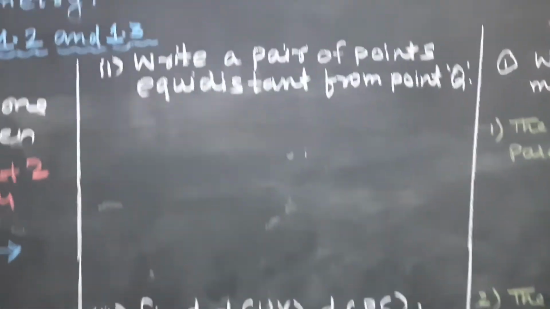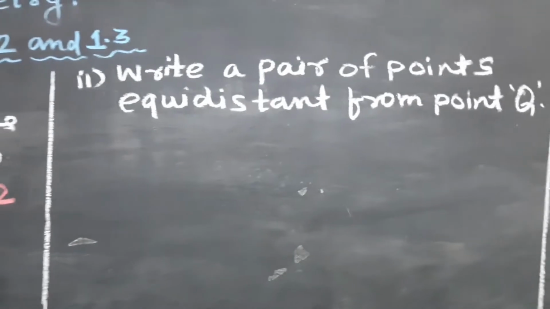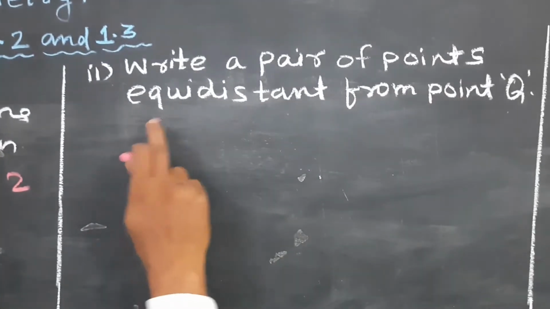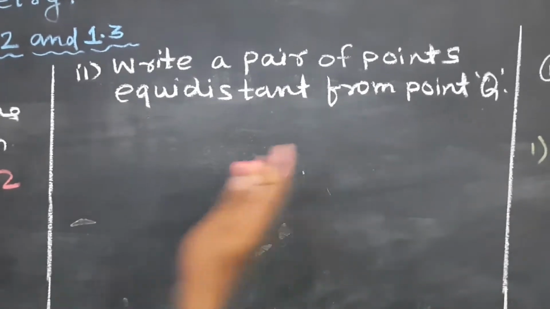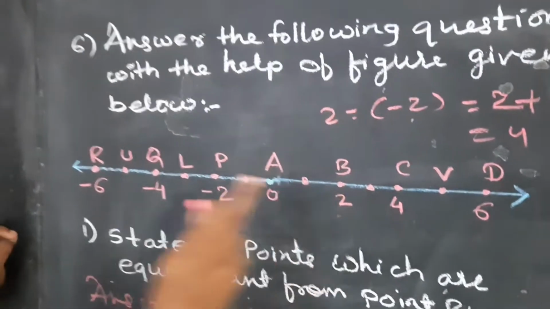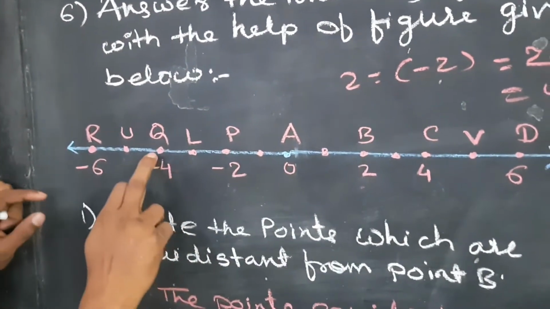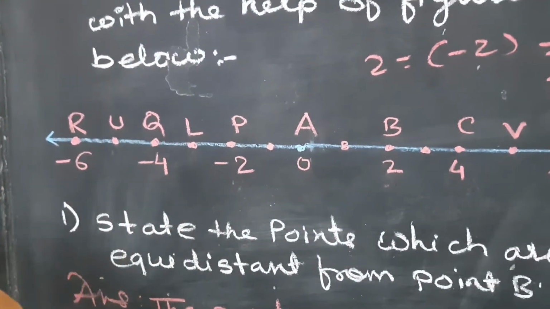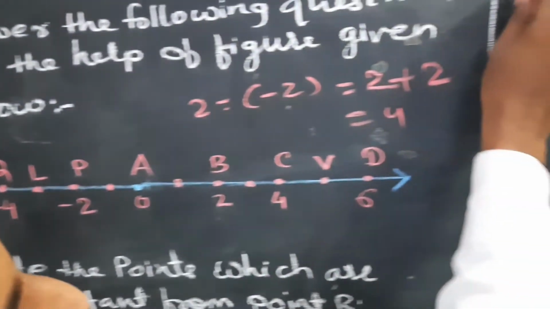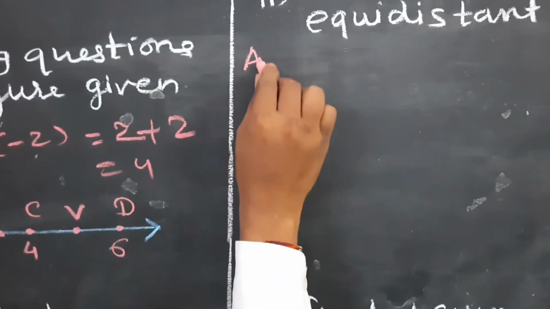Now, the second question is similar to question number 1. Write a pair of points equidistant from point Q. In the previous question it was point B. Now in question number 2, we have to find which points are equidistant from point Q. Again your answer will be written in the same way.